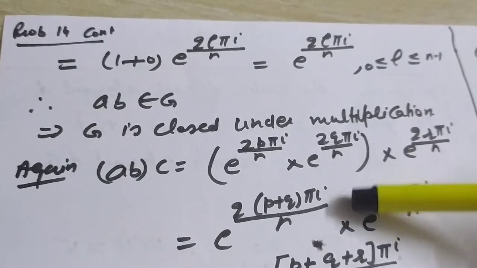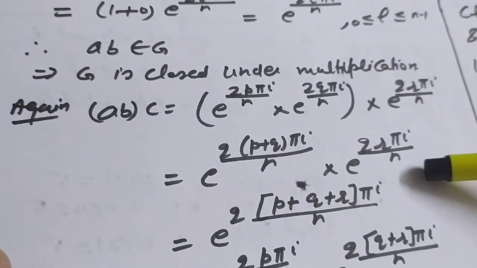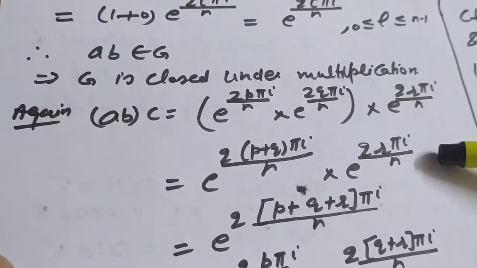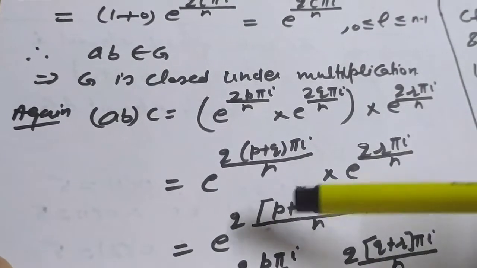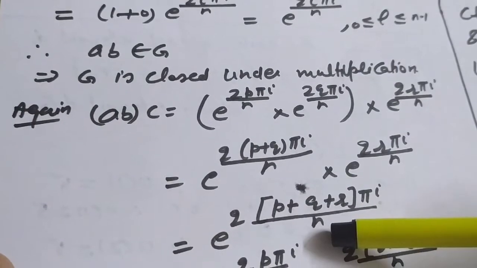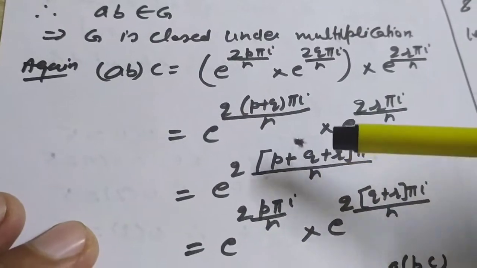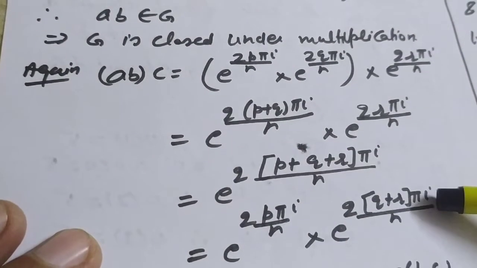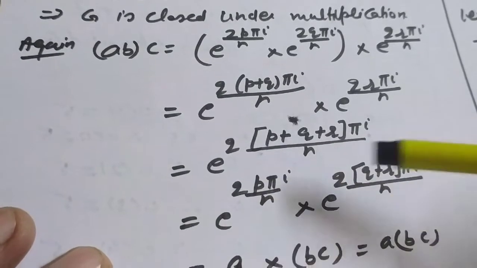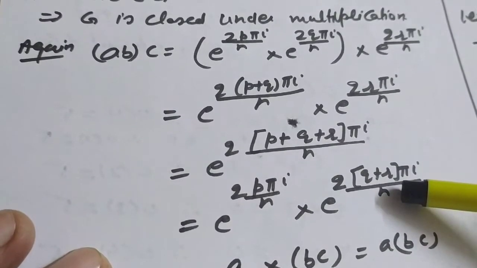This is the third term, the value of C, e raised to 2r pi iota over n. Now again, when you multiply these two terms, you will get 2 pi iota as a common term, and the bracket will contain three terms, p plus q plus r, over n. This is the denominator. Again, you can split this whole part in two parts. The first part I have taken as 2p pi iota over n, and another part is 2 into q plus r pi iota over n.